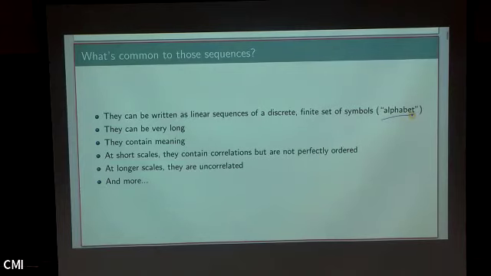And at longer scale, they're correlated, meaning if you look at this, they can be written as, what word is likely to come after "written as"? "Is" is a fairly likely word to come. That's what you mean by correlation. If you know one word, you might be able to predict the next word and maybe the next word. That's what the language models do, but you might not be able to predict 7 or 8 words down the line.